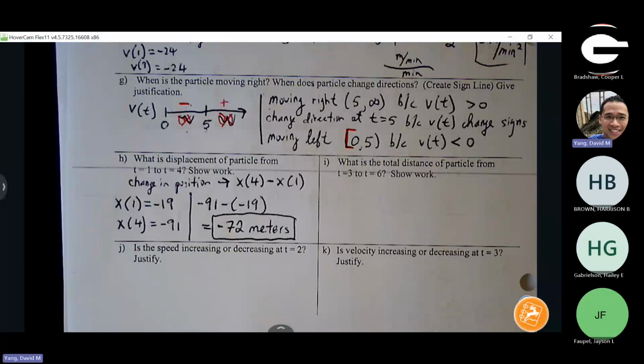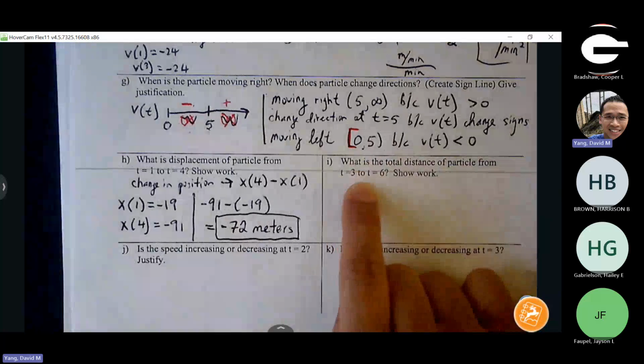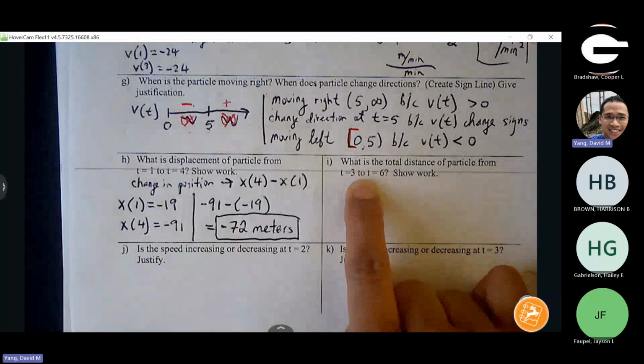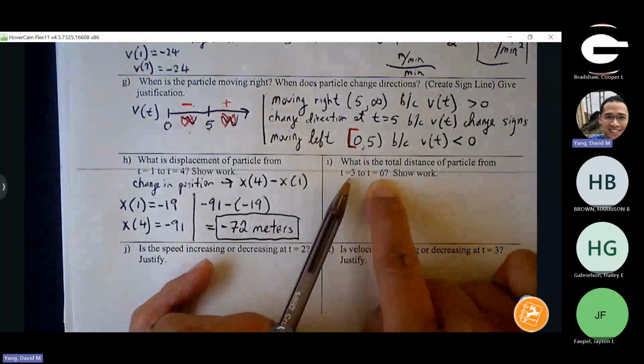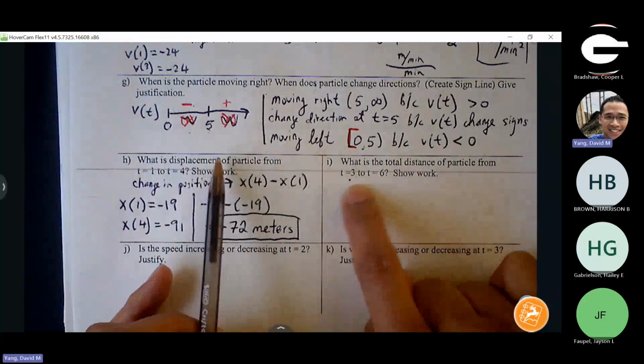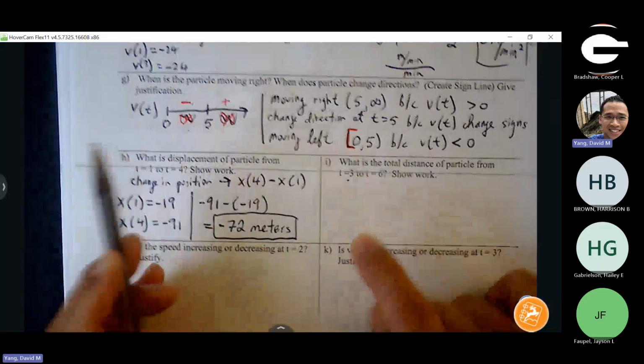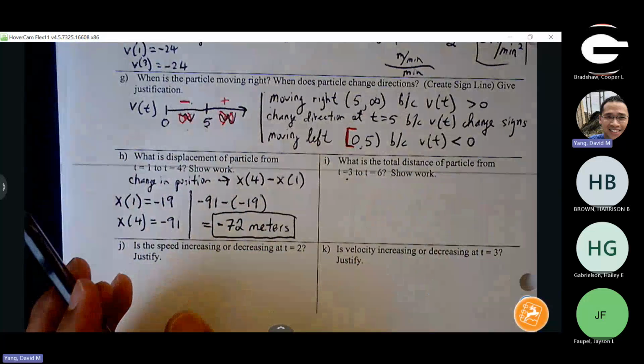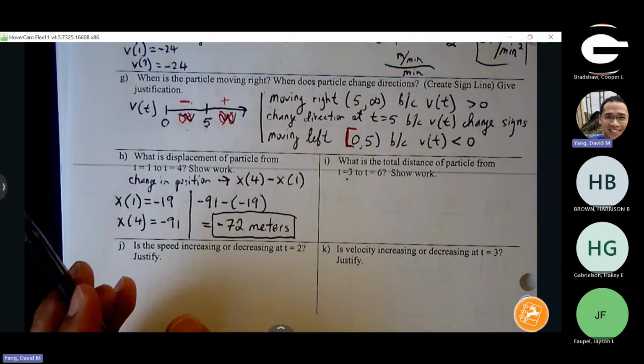Okay, total distance from 3 to 6. So the first thing we have to consider is, is there a change in direction between 3 and 6? Because if there is, we have to do some additional work. There is, right? So we need to find the location of this particle at 3 minutes, 5 minutes, and 6 minutes.